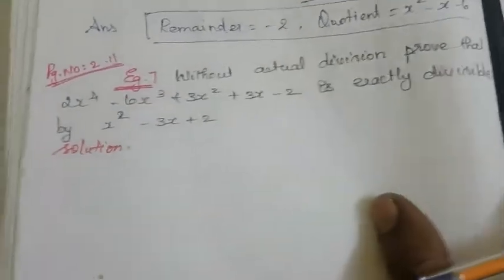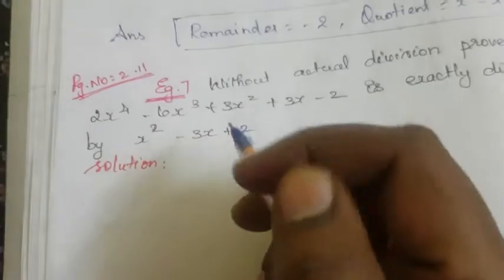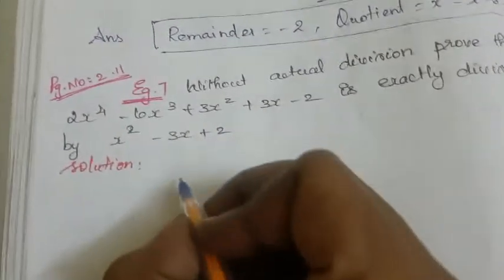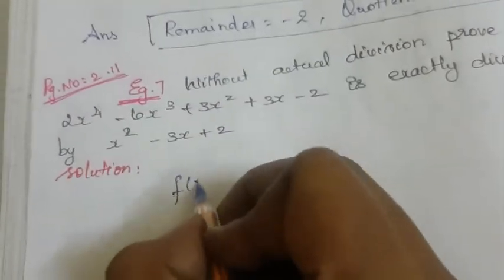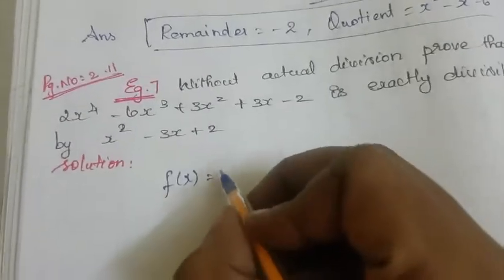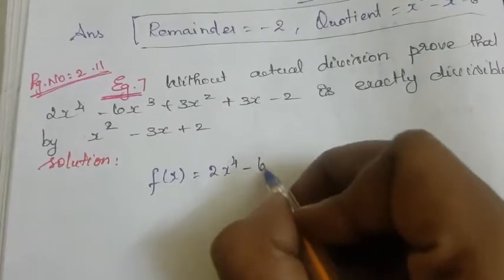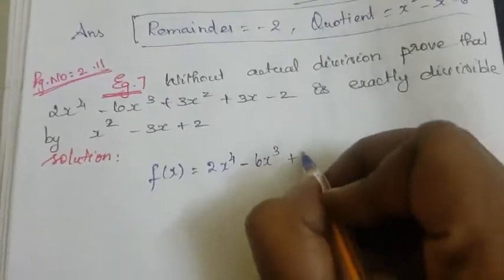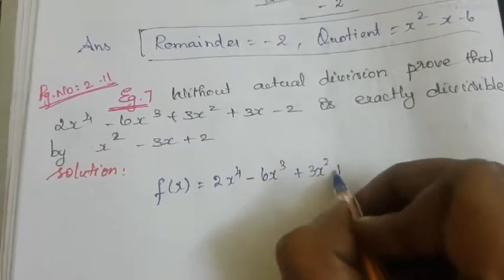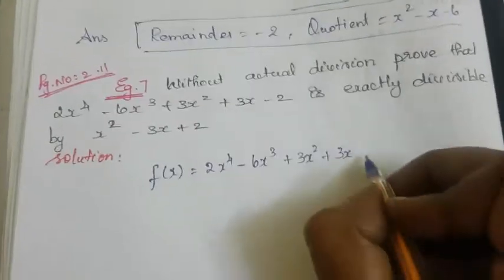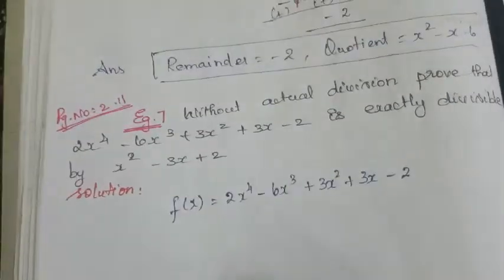So what we have to do, they have given the two polynomials, right? First we will take the first one as f of x. So f of x equal to 2x to the power 4 minus 6x cube plus 3x squared plus 3x minus 2.